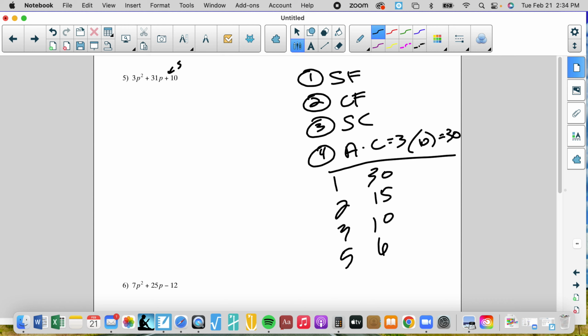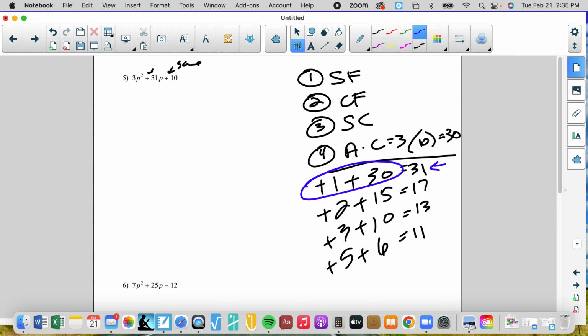Signs are the same, and they're both positive. 31, 17, 13, 11. My middle is 31, so I'm going to take 3p squared plus p plus 30p plus 10.